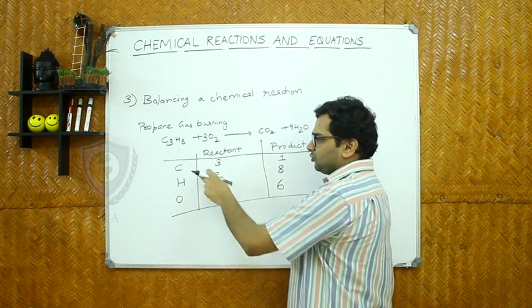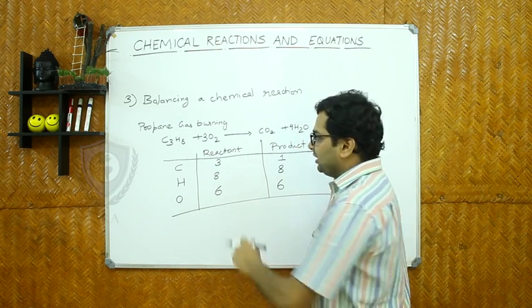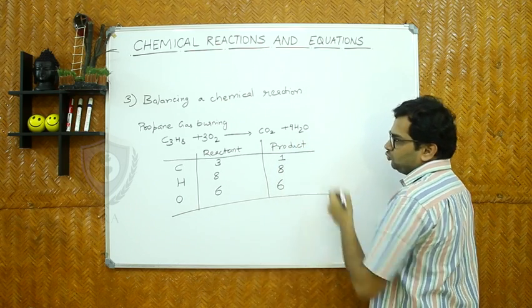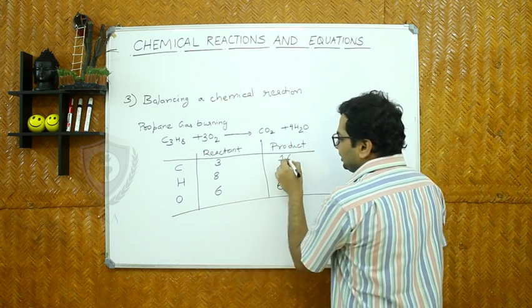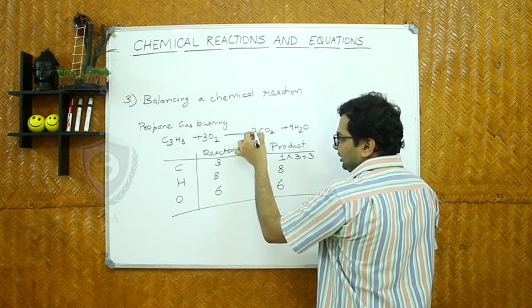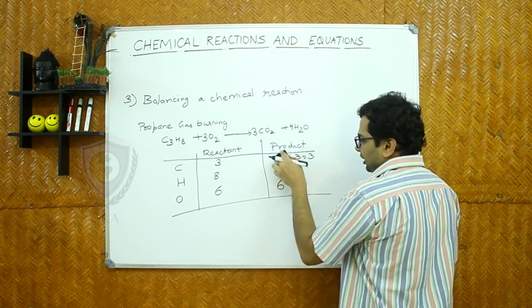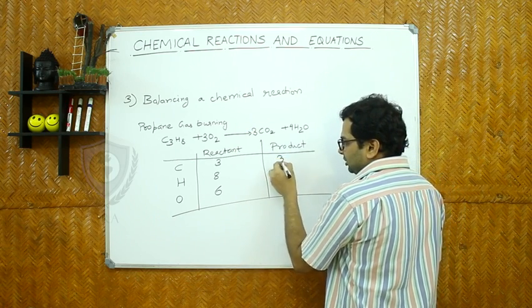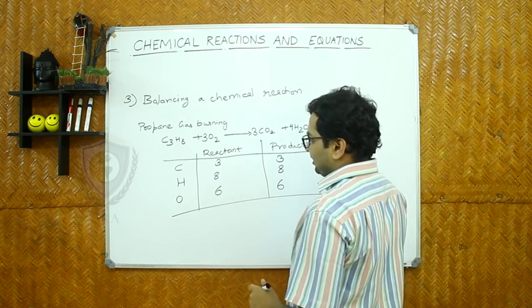Now the last part of the equation is carbon. Carbon here has 3 atoms, whereas on the other side, product side, it is 1. So what if we multiply this 1 into 3 to make it 3? So let's put a 3 here and then see again the equation. So now the carbon is 3 on the product side as well as the reactant side.